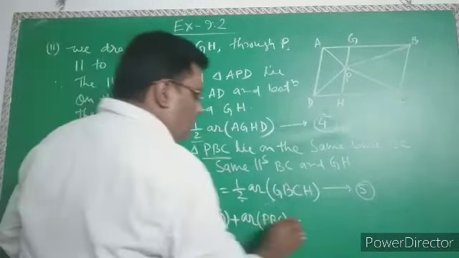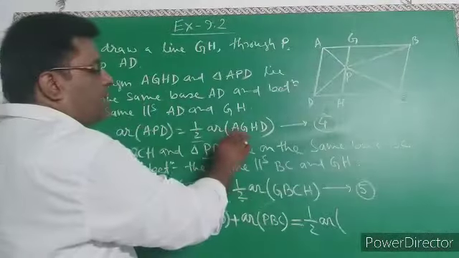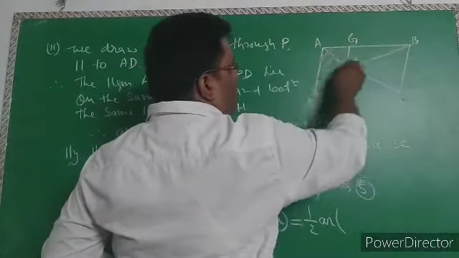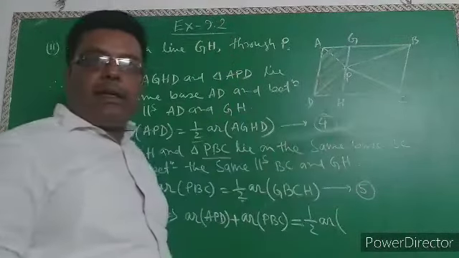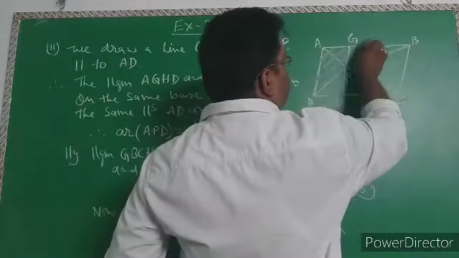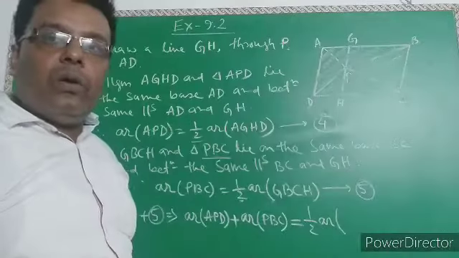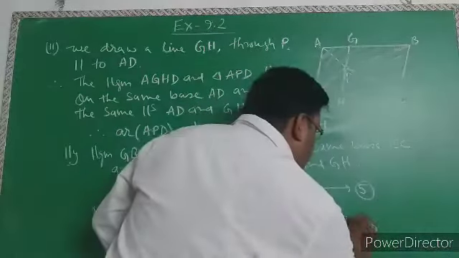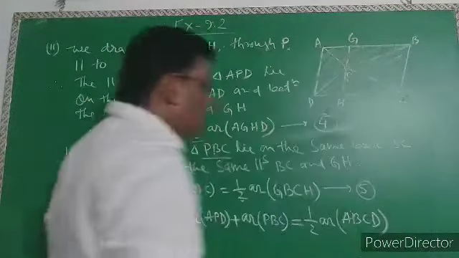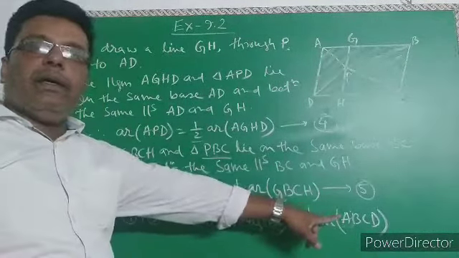So half and half common, area of AGHD, that is this parallelogram, plus GBCH, that is the parallelogram. If we add, we get the whole ABCD. So we write directly: area of APD plus area of PBC equals half area of ABCD.